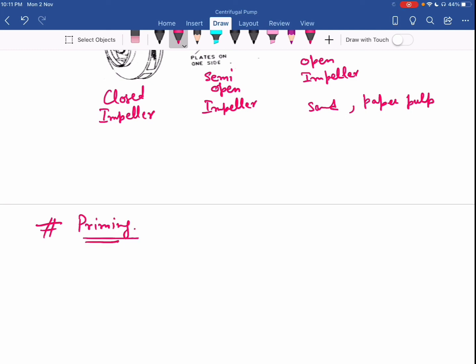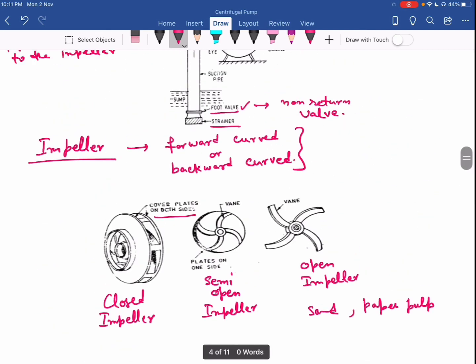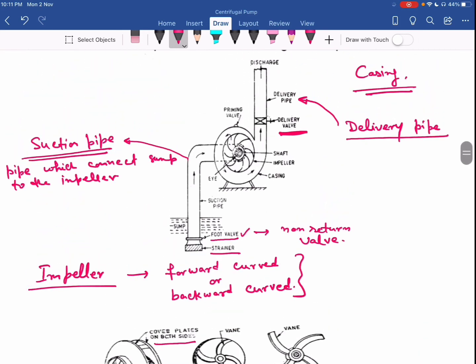Now what is this priming? When I start my centrifugal pump with the help of some motor, the impeller of the pump rotates and produces a forced vortex. In the impeller, I have now the air only.